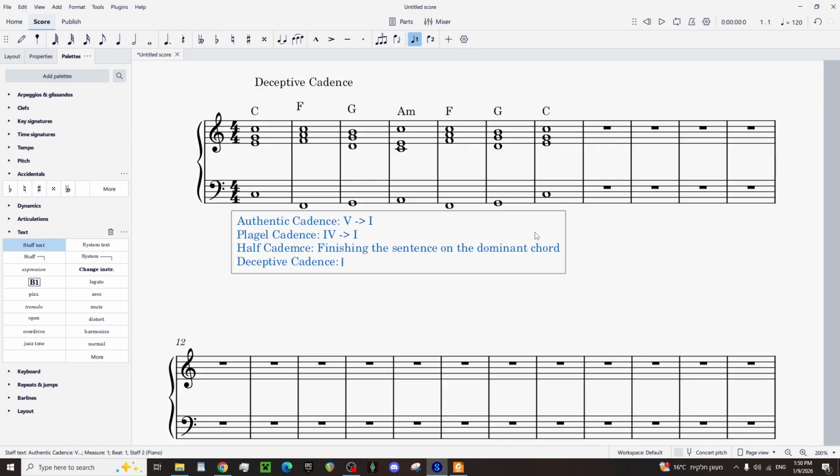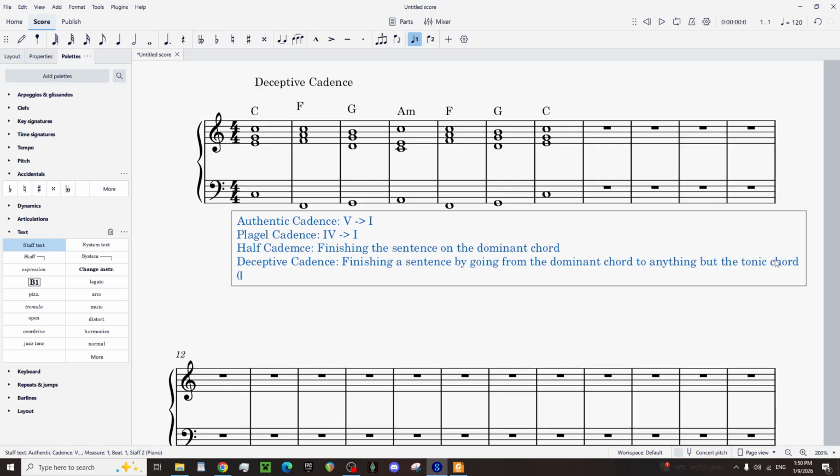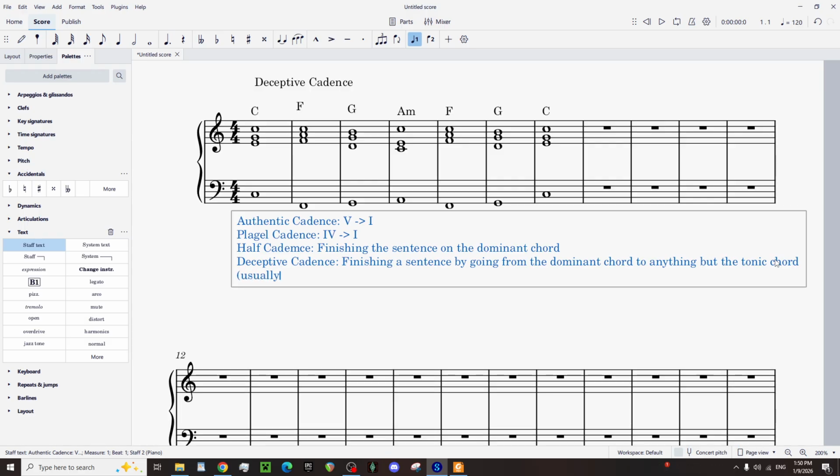Finishing a sentence by going from the dominant chord to anything but the tonic chord, and that's a deceptive cadence. But again, generally speaking, it's usually sixth degree, usually submediant.